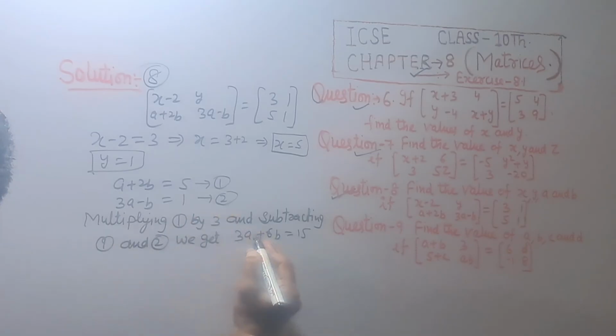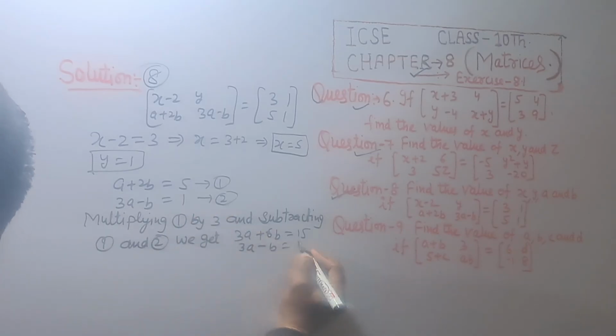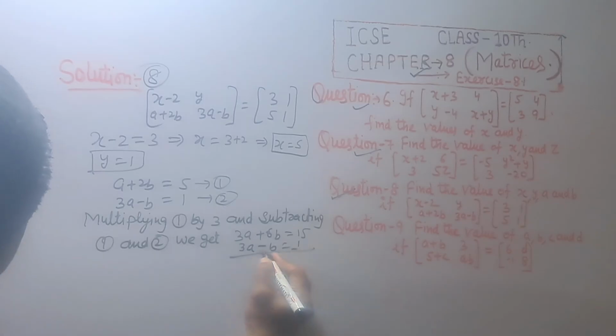Multiplying first by 3 and second 3a minus b equal to 1. Sign change, minus plus minus.